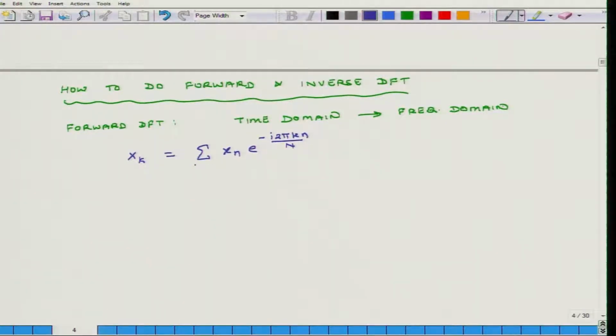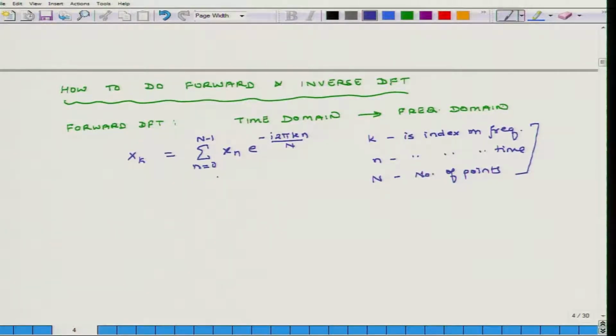So, here the addition is on the index n and it goes to n minus 1. So, once again very quickly I will recap. k is the index on frequency, n is the index on time, and n is number of points.